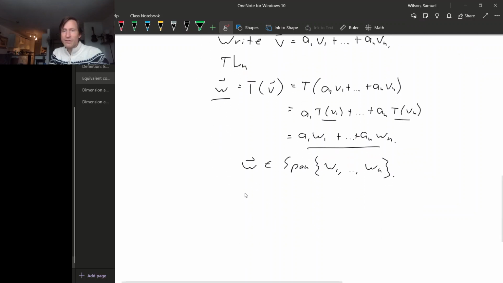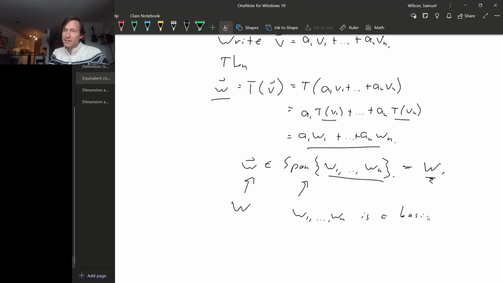So every vector in capital W is also in the span, which means the span is equal to capital W. So these W's are linearly independent, and they span capital W, and that means W1 through Wn is a basis for W.